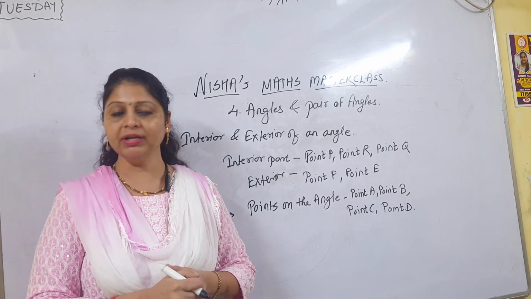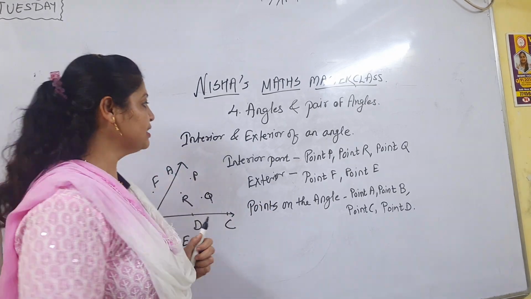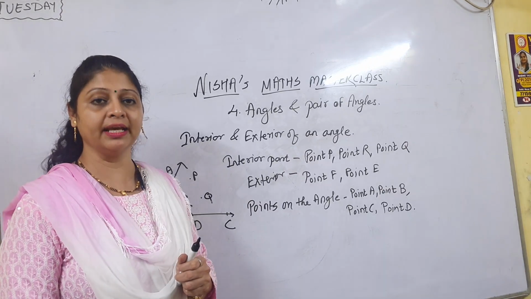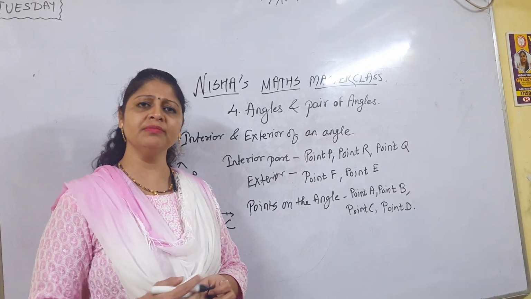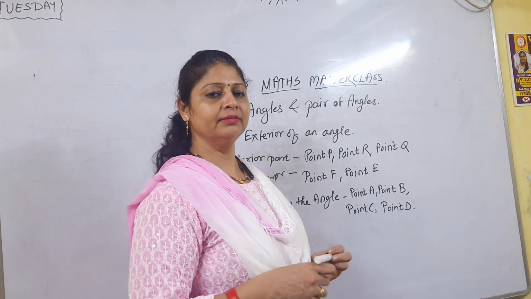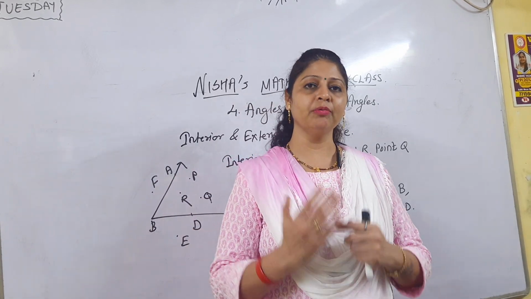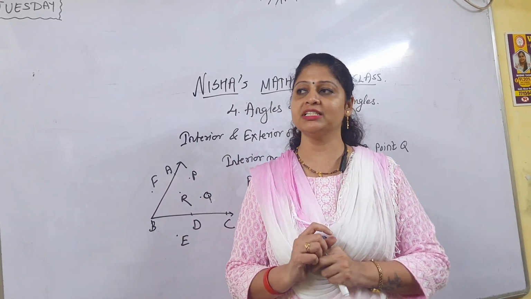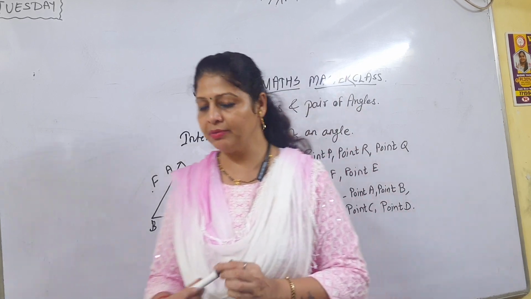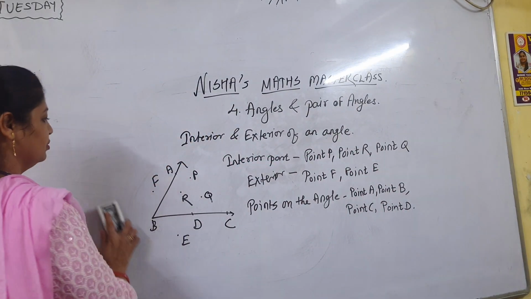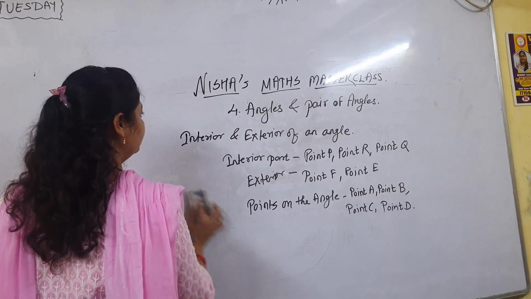Now the second topic from this lesson is adjacent angle. What is the meaning of adjacent angle? The meaning of adjacent is neighboring.